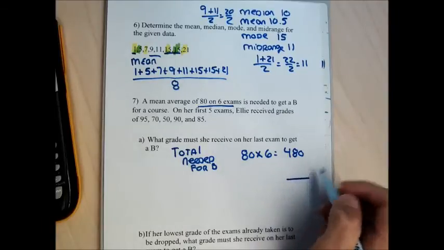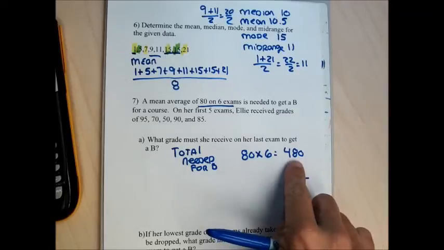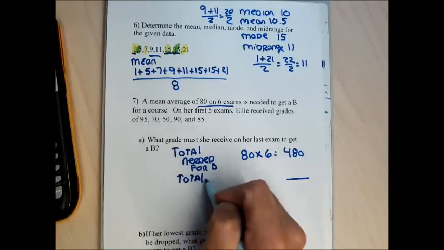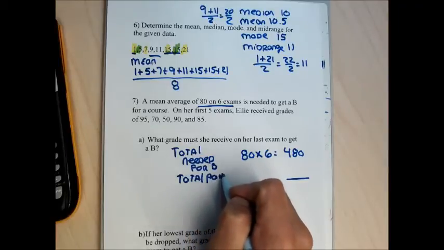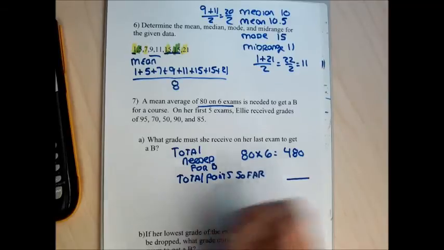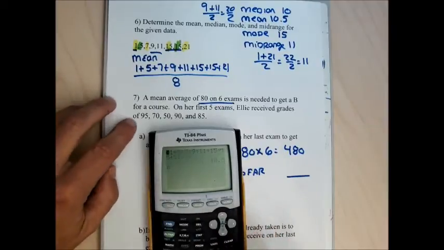What she needs to get a B is going to be how short she is of 480. So what I'm going to do is subtract from the total points needed for a B the total points that Ellie currently has, which is 95 plus 70 plus 50 plus 90 plus 85.